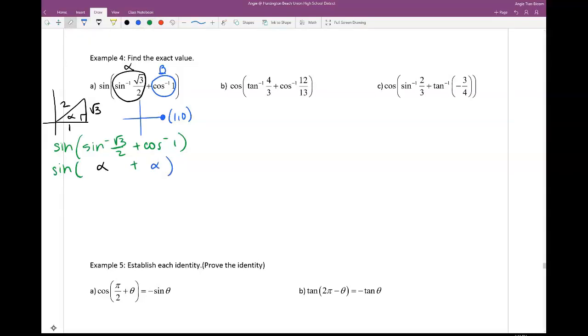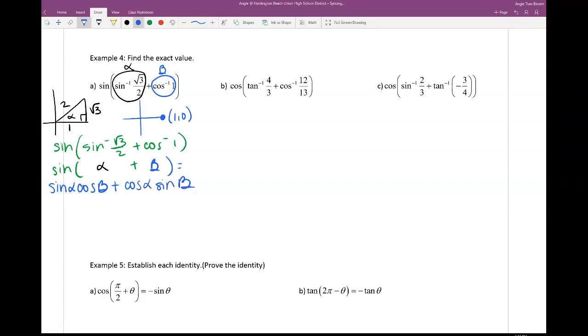And I meant beta. Okay, what's the identity? Can you help me write that out? Sine of alpha, cosine of beta. Good, so far so good. Plus cosine of alpha times sine of beta.